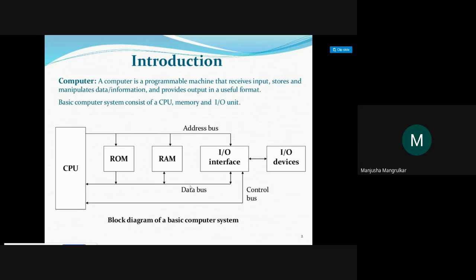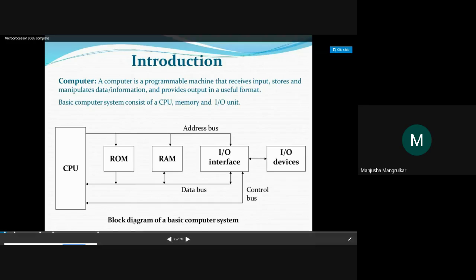If you want to send a letter, you need to put the address of the home number, Andheri station, Mumbai, something like that. The same is here in the digital system. You need to provide the address, so this data is going to these devices. So this is the fundamental and basic computer system that we have seen earlier also.